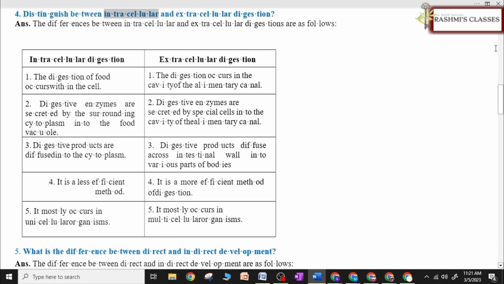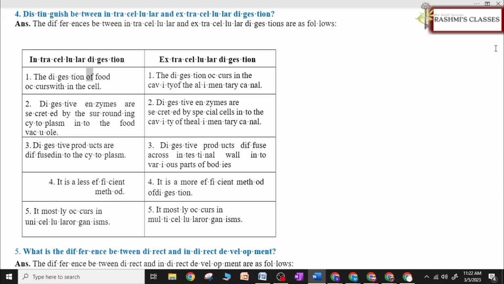Distinguish between intracellular and extracellular digestion. The differences between intracellular and extracellular digestion are as follows. Intracellular digestion: 1.